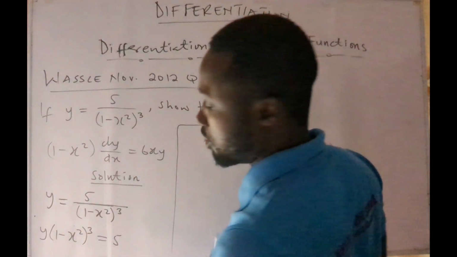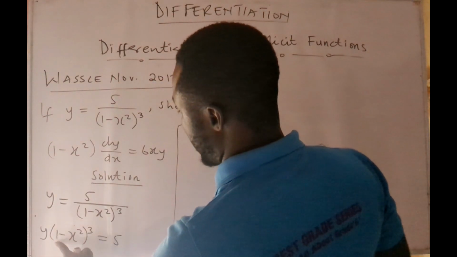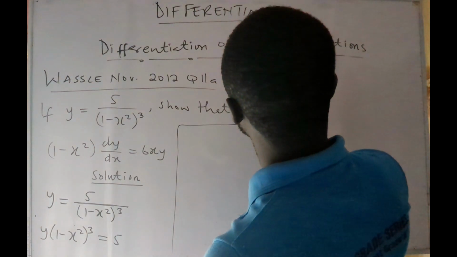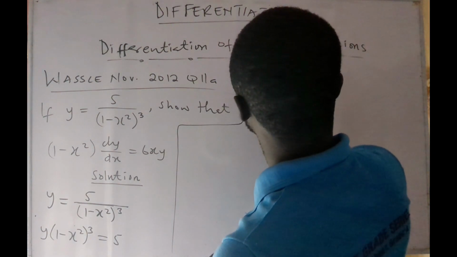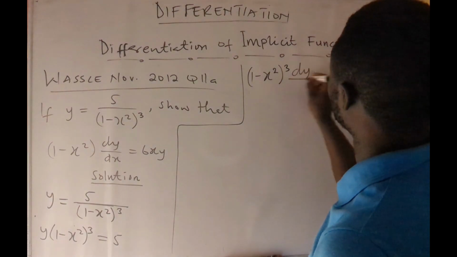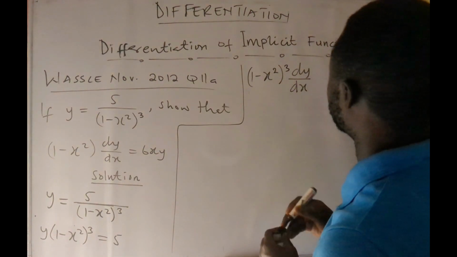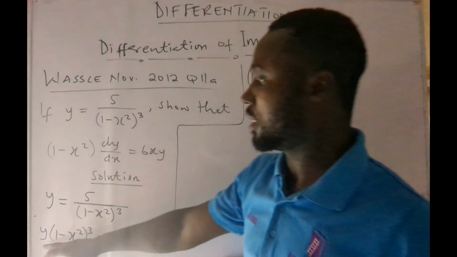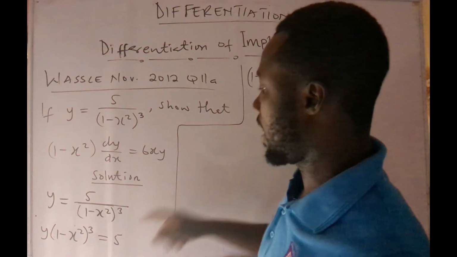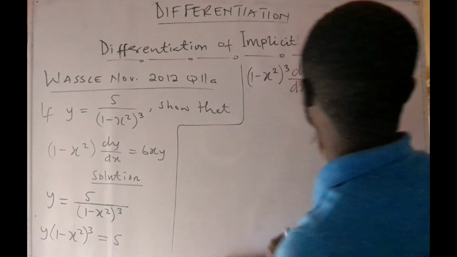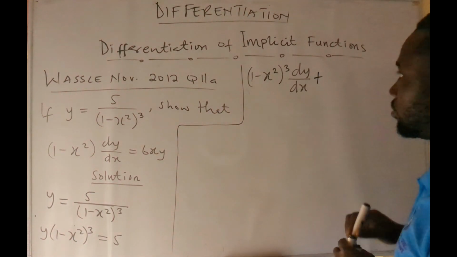So if I differentiate y I get dy on dx, then I multiply by (1 minus x squared) cubed. All right. So I have differentiated y, which is dy dx, and multiplied by (1 minus x squared) to the exponent 3, plus, that is the product rule.